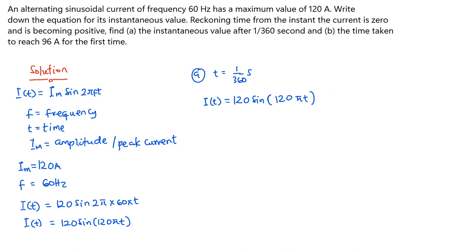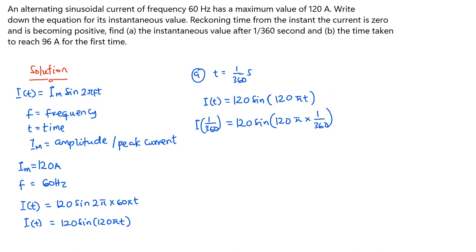Now you know the value of our t, which is 1 over 360. So you are going to have I of 1 over 360, and this should be equal to 120 sine of 120 pi multiplying 1 over 360.